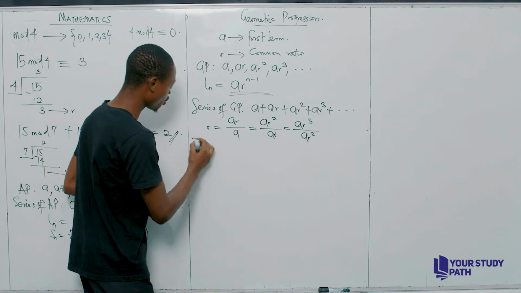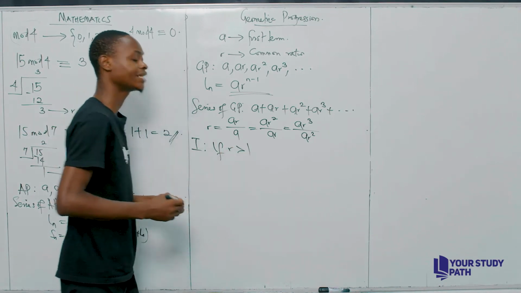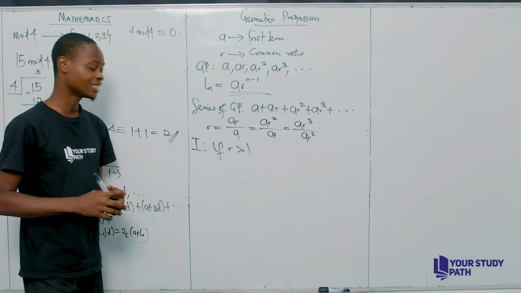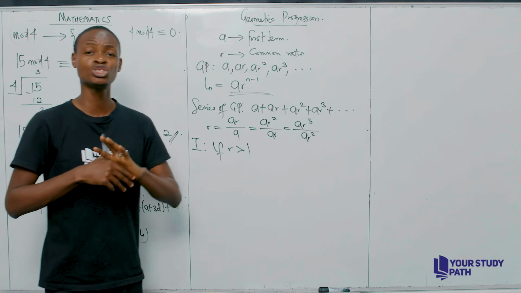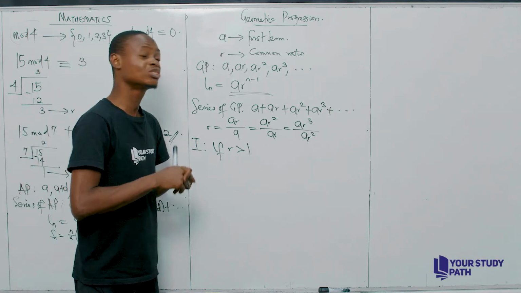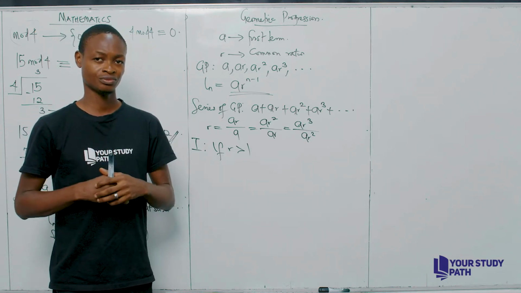The first major form is if the common ratio happens to be greater than 1, what happens? If the common ratio is greater than 1, the first principle the sum of a GP or the geometric series follows is that it wants the denominator of its formula to always be positive.